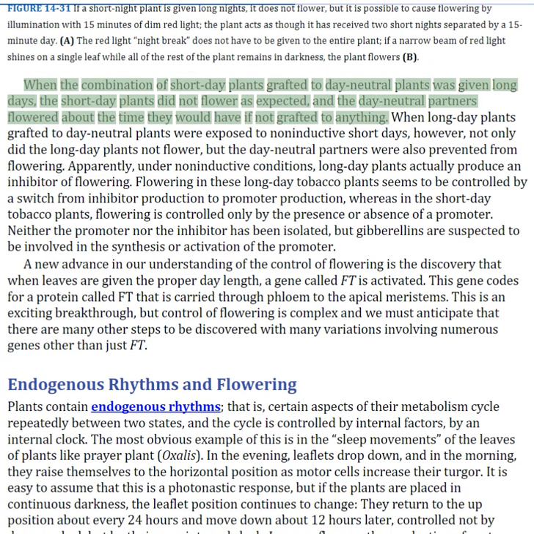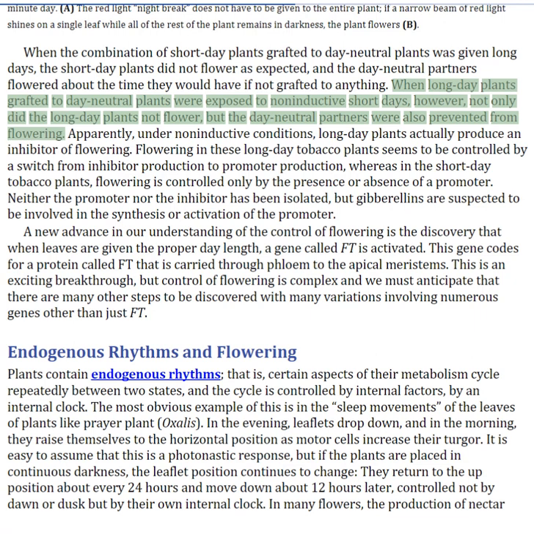When the combination of short-day plants grafted to day-neutral plants was given long days, the short-day plants did not flower as expected, and the day-neutral partners flowered about the time they would have if not grafted to anything. When long-day plants grafted to day-neutral plants were exposed to non-inductive short days, however, not only did the long-day plants not flower, but the day-neutral partners were also prevented from flowering.